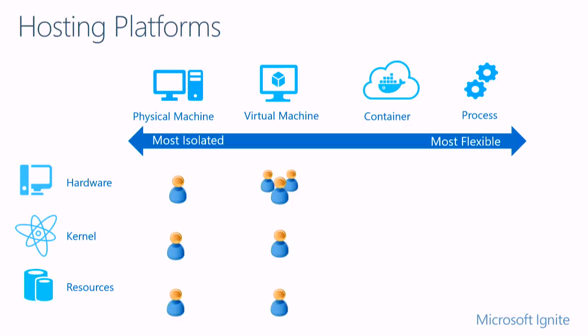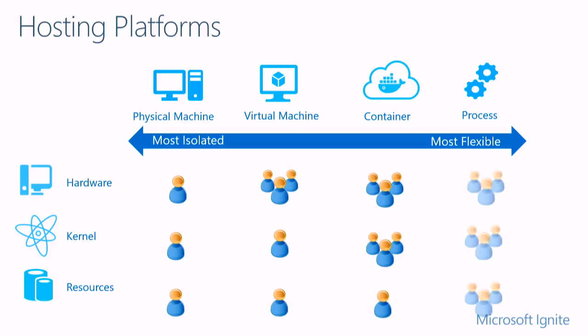If you host it in a virtual machine, of course, the hardware is shared because there are multiple virtual machines running on one physical hardware, which hosts multiple microservices within. If you use a container, because containers are OS-level virtualizations, the kernel is also shared across different microservices. If you use processes, everything is shared. The hardware is shared, the kernel is shared, and so are the resources.